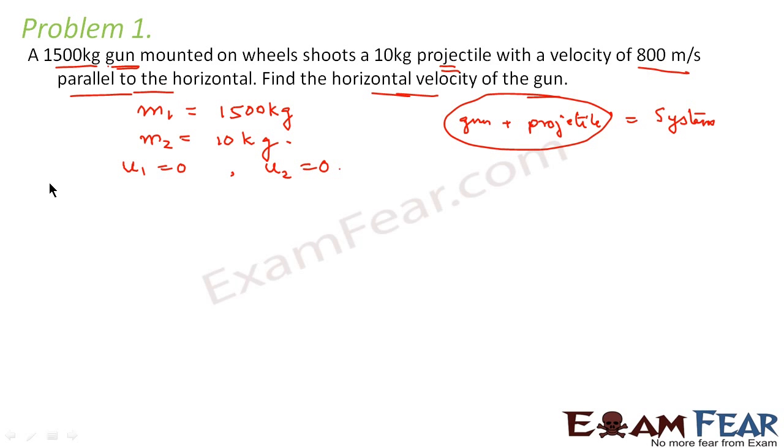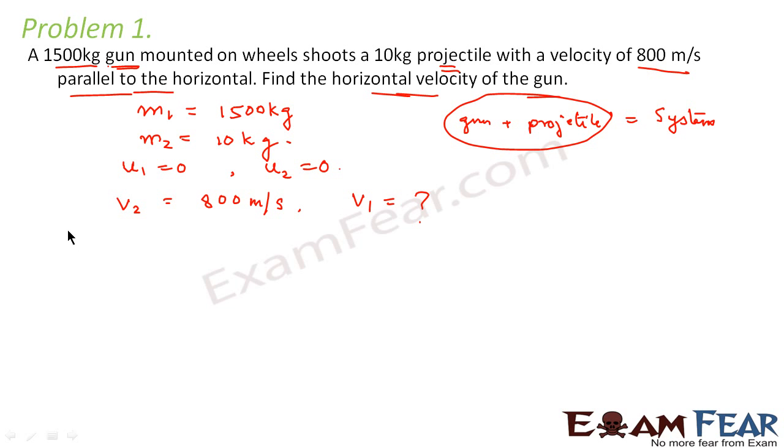Now later, the velocity of 800 meter per second came for this projectile, which moved parallel to the horizontal. That is, later V2 was 800 meters per second. So we are supposed to find the horizontal velocity of the gun. That means we are supposed to calculate V1.